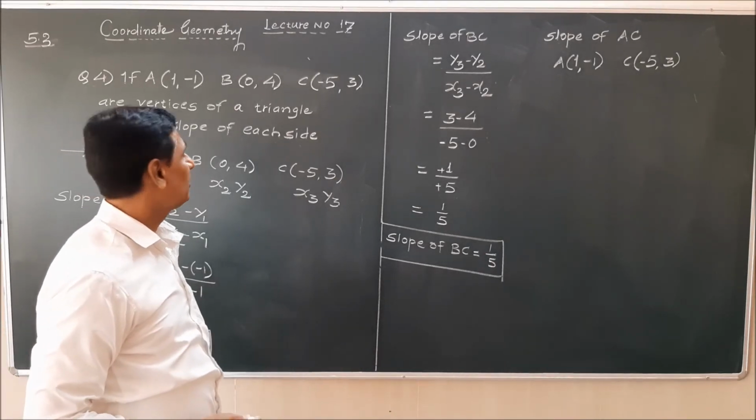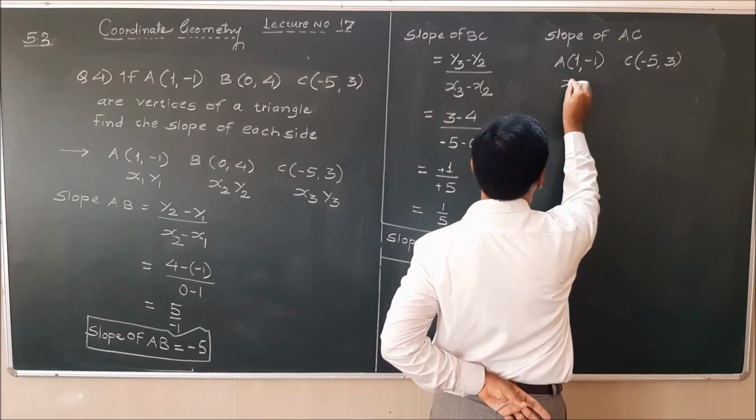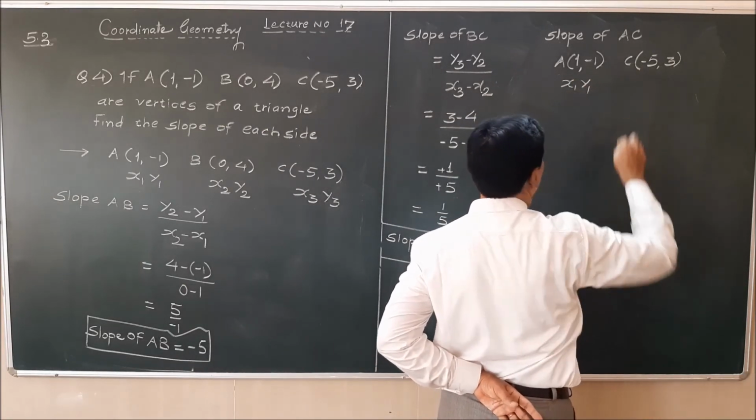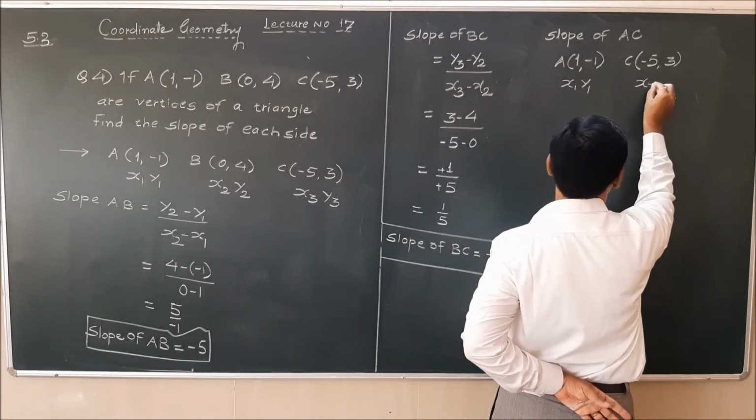So for slope of AC, coordinates of A we labeled as x1, y1, and we have labeled the coordinates of C as x3, y3.